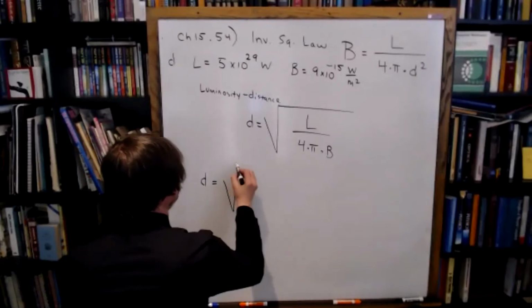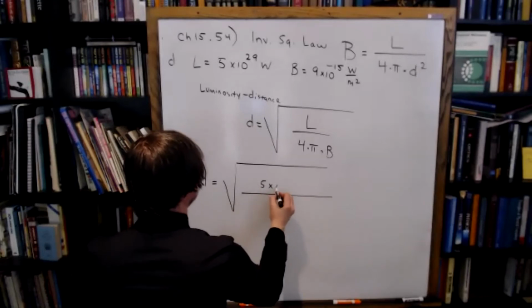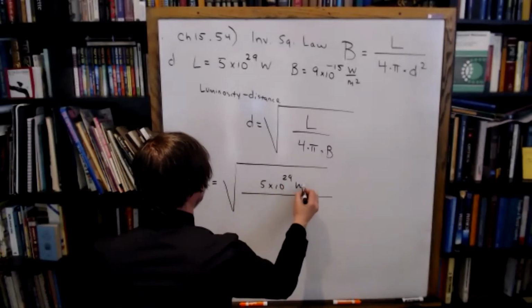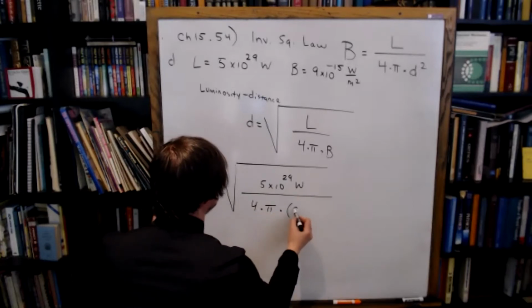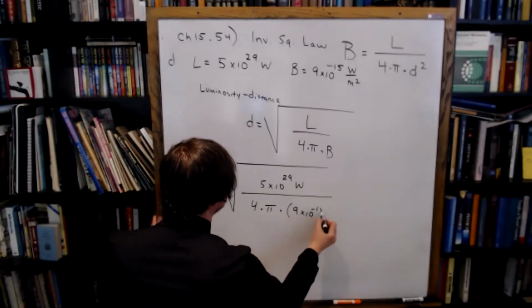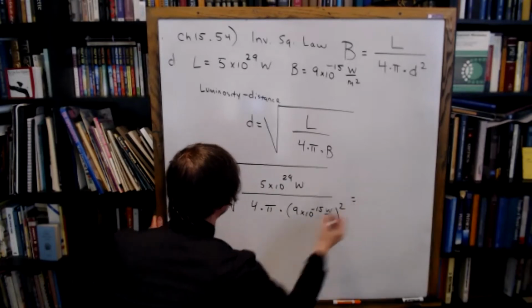The distance is the square root of 5 times 10 to the 29 watts over 4 pi times 9 times 10 to the minus 15 watts per square meter. Punch them up.